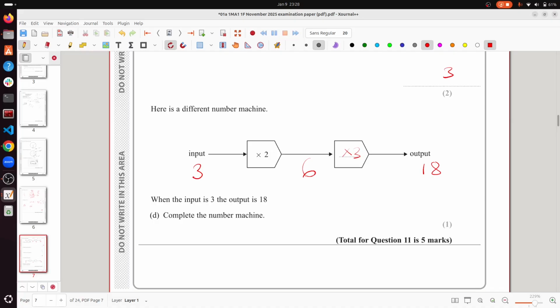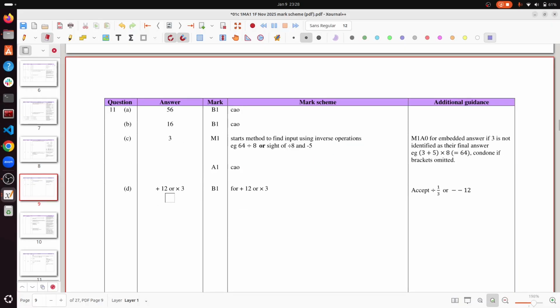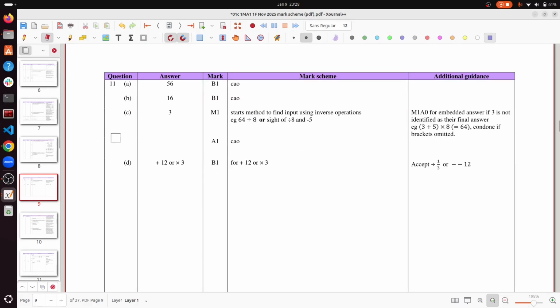So either of those operations should be correct. Checking the mark scheme for that: either plus 12 or multiplied by 3 gives us that answer, or dividing by a third. So any of those operations will give us the same answer.